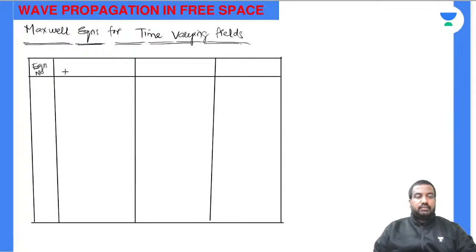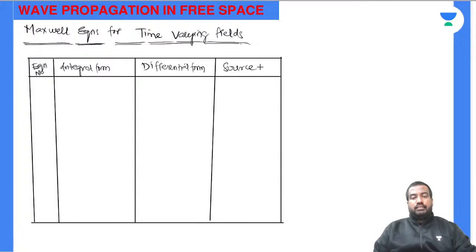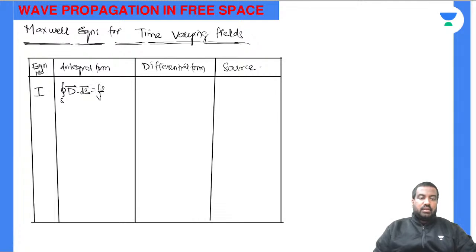Equation number, integral form, differential form or point form, and source. First equation, no change. Closed surface integral of d dot ds is volume integral of rho v dv.